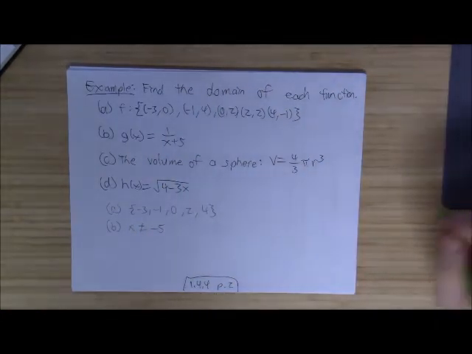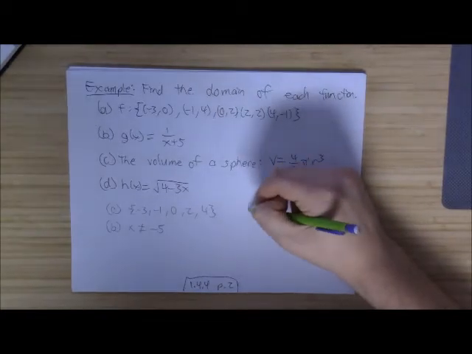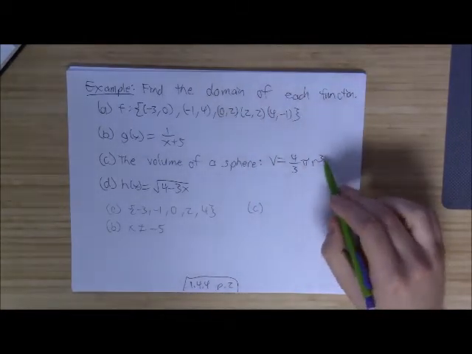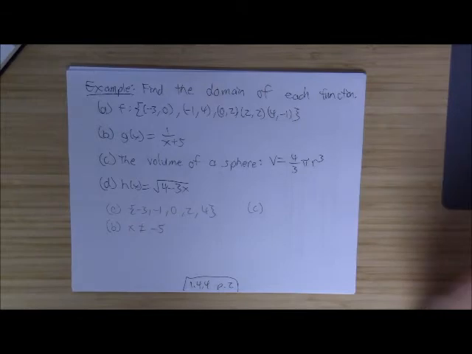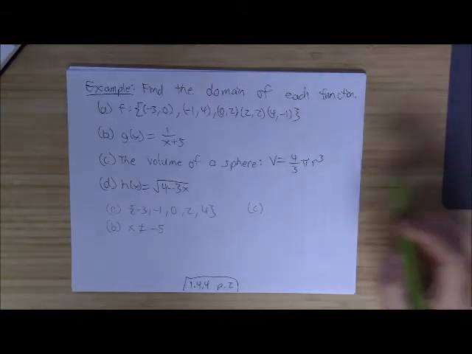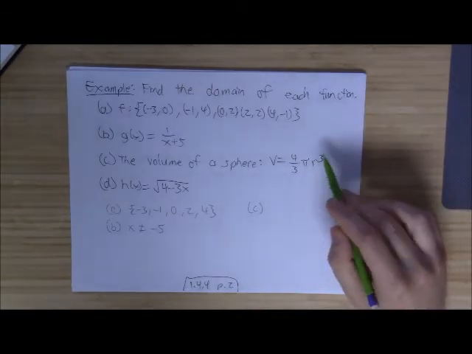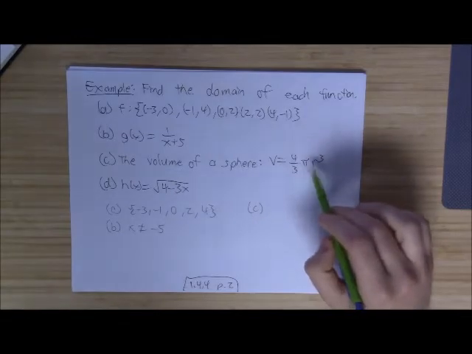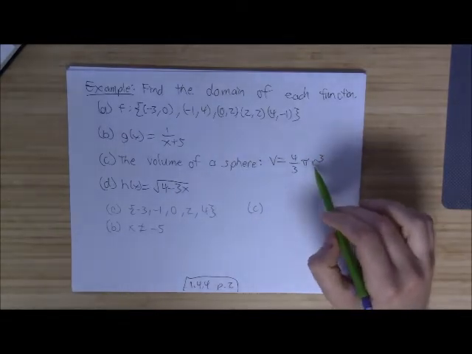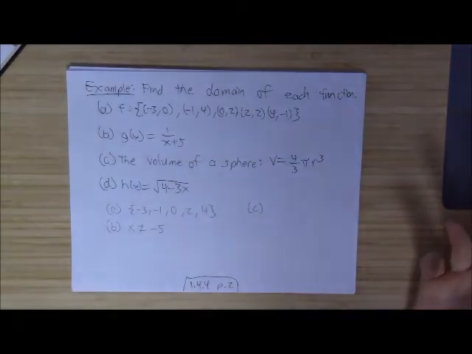C is a little bit harder to think about because at first you say, well, there's nothing that makes it bad, right? I mean, any value of r works. But here, we're really realizing that this is the volume of a sphere, which means that we need a radius to be positive, right?